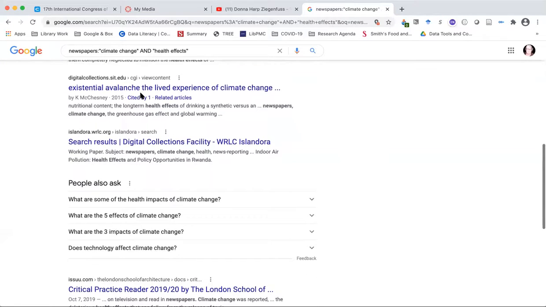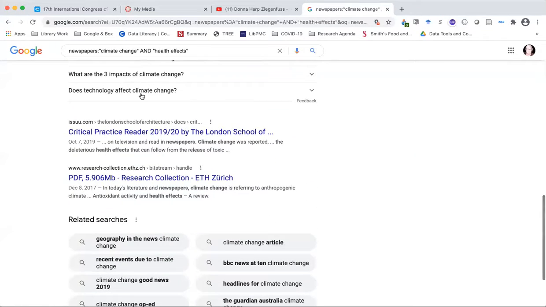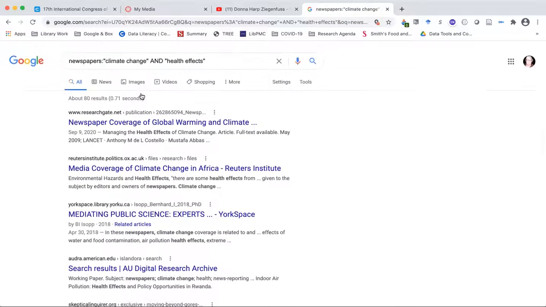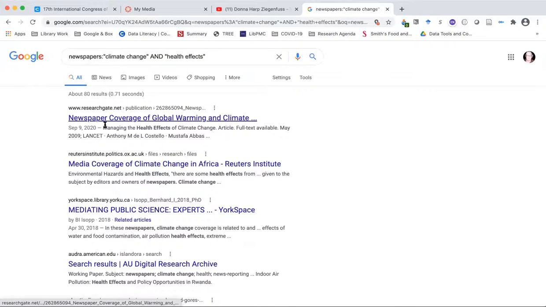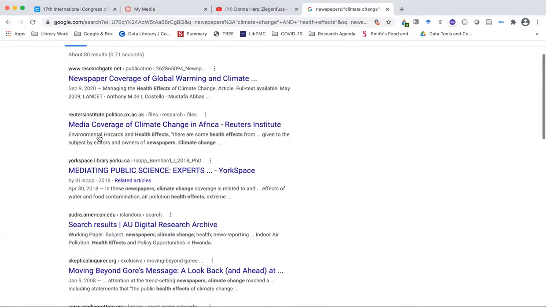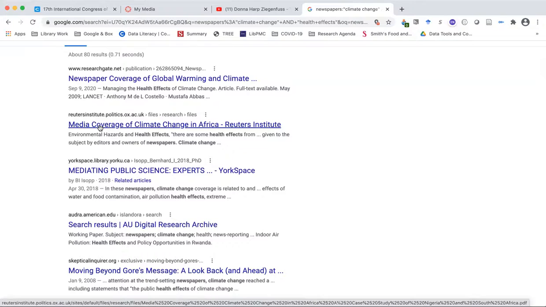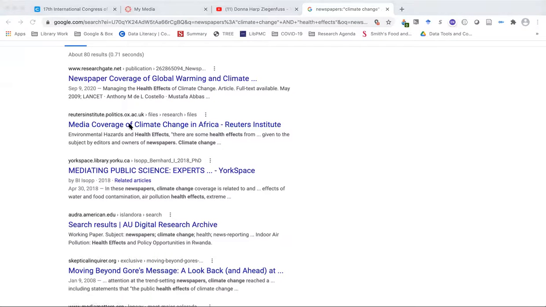So you're finding newspapers as opposed to PDFs. So like this one, for example, Reuters Institute. So this is from Reuters, that's a news agency, information about climate change, okay?